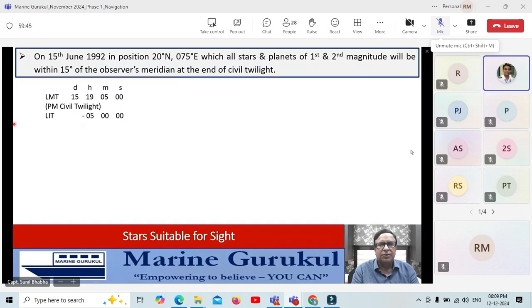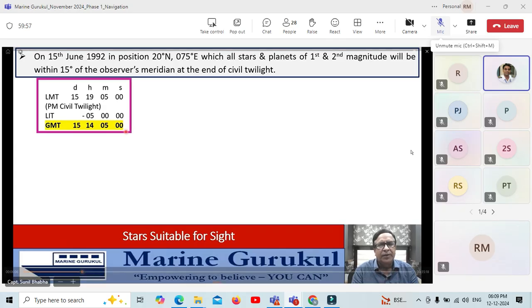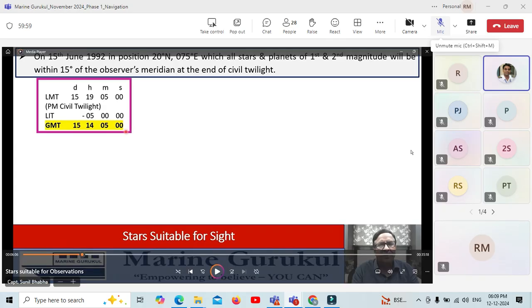Longitude is east, so GMT is least. So therefore, we subtract this LIT and we get GMT as 15th day, 14 hours, 5 minutes and 00 seconds. Any doubt up to here, beta? Calculation of GMT? Very good.